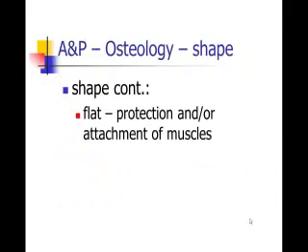Okay, so flat surfaces tend to be really good for protection or for traction of muscles. And I mentioned the scapula. In the case of the scapula, the flattened surface is mostly beneficial for muscle attachment. In the case of the temporal bone, mostly for protection.